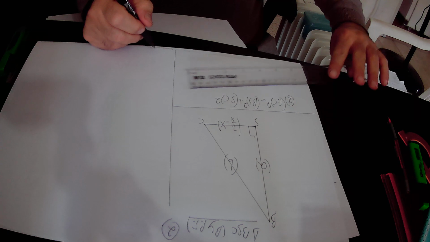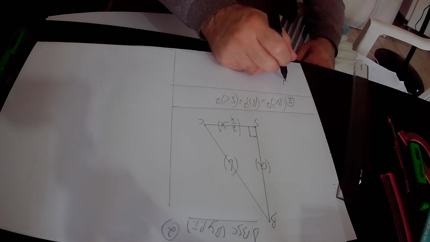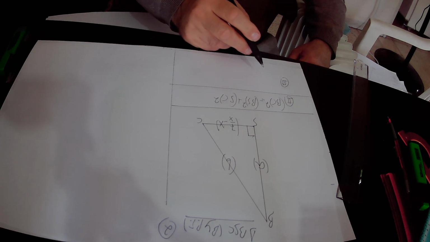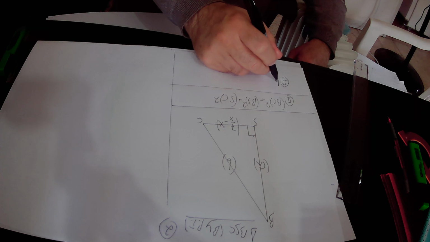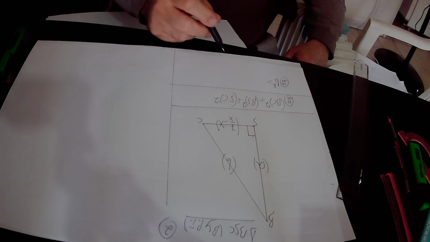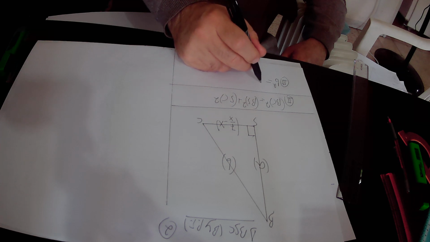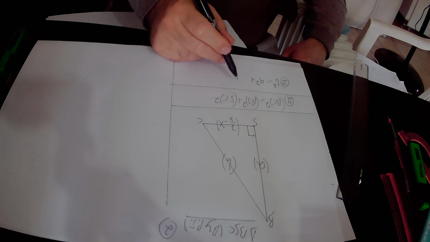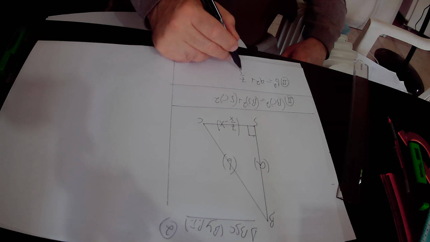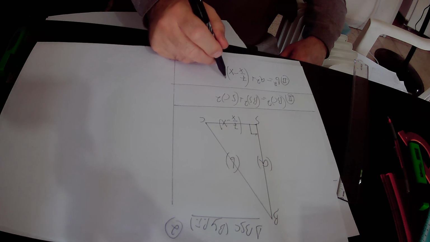This is equation 2. So BC is B, therefore BC square is B square. And it equals BS square; BS is A, therefore BS square is A square, plus SC square. SC is 7 over X minus X, therefore SC square is (7 over X minus X) square.